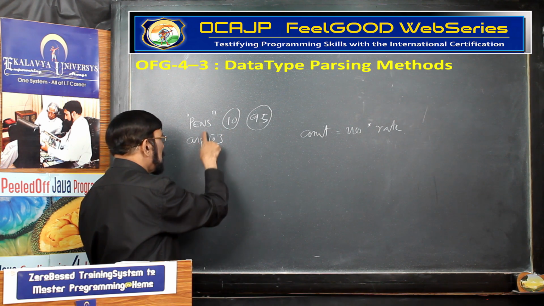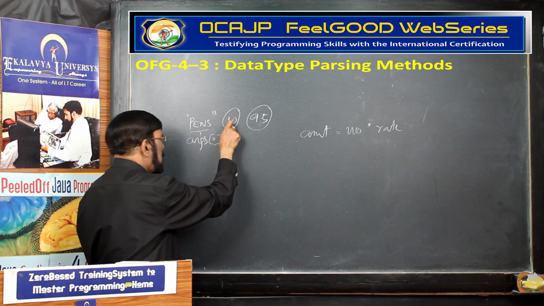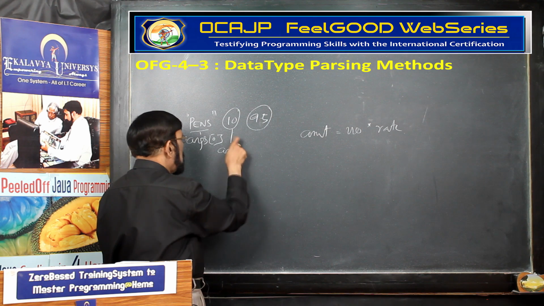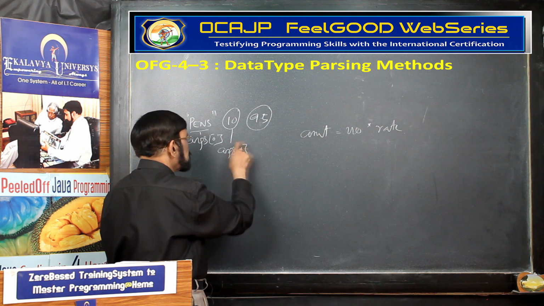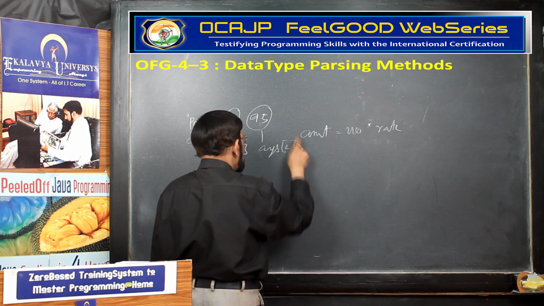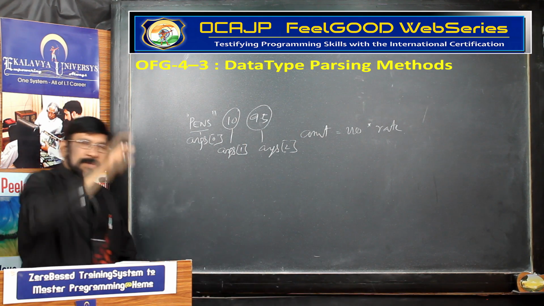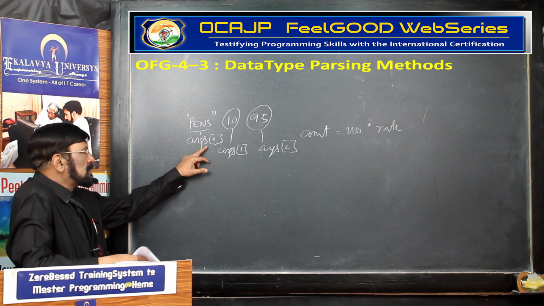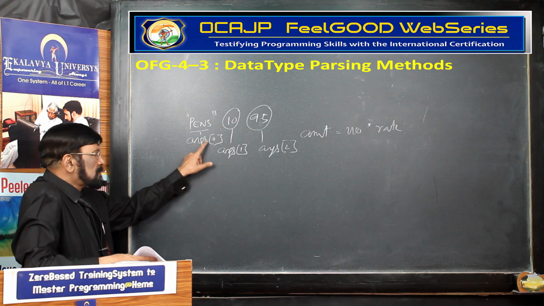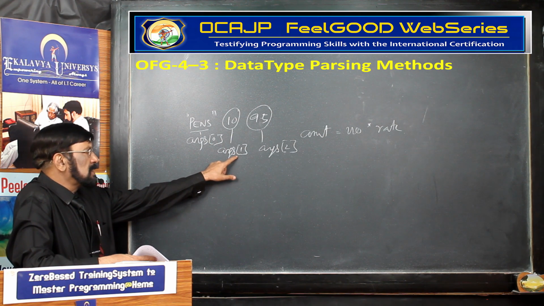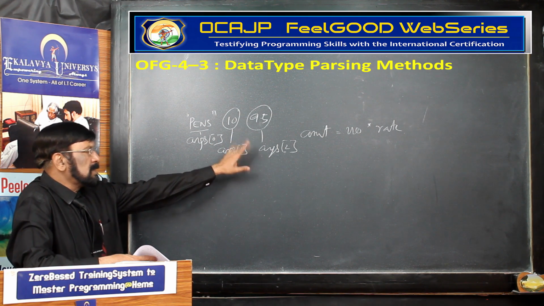Already I explained: args[0] is stored, pens is stored in args[0]. This one is args[1], and this one is args[2]. This knowledge you have. It is an array of strings, whose name is args. The first element is represented as args[0], the second element as args[1], the third element as args[2].